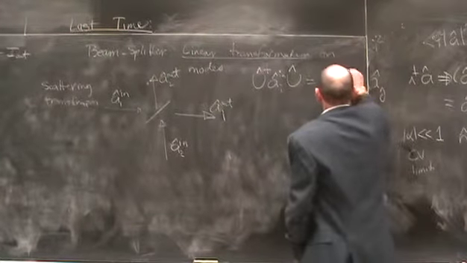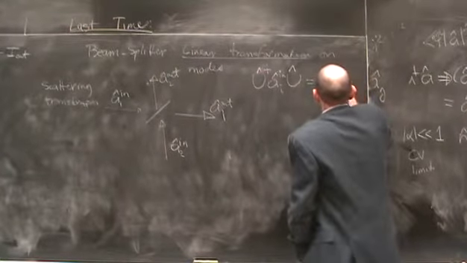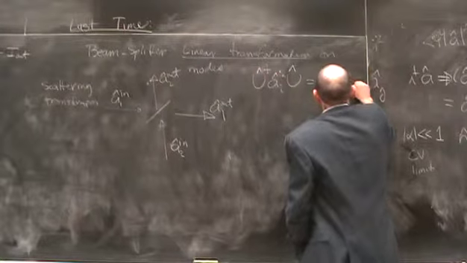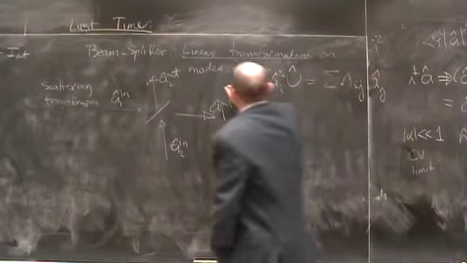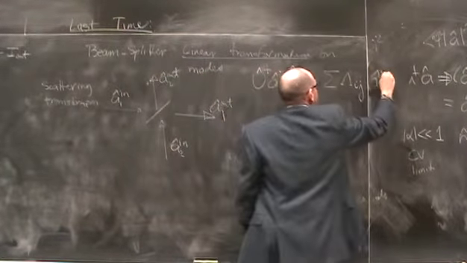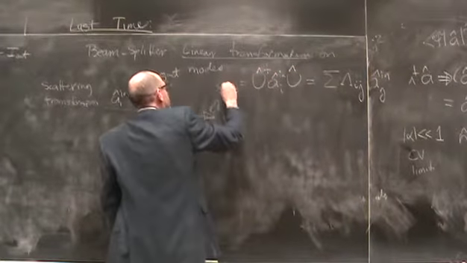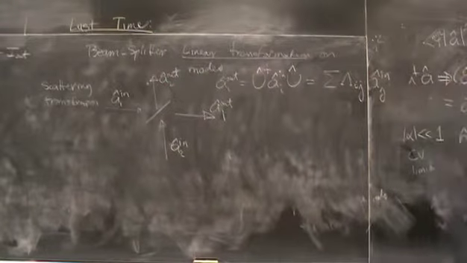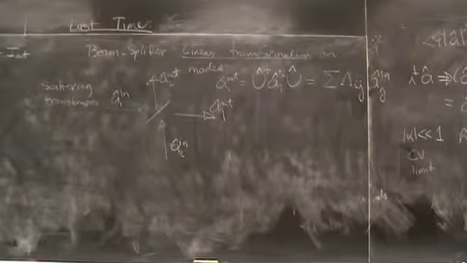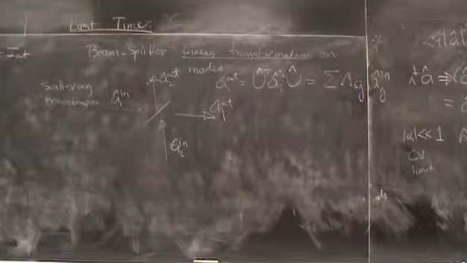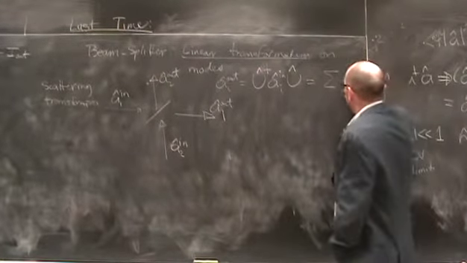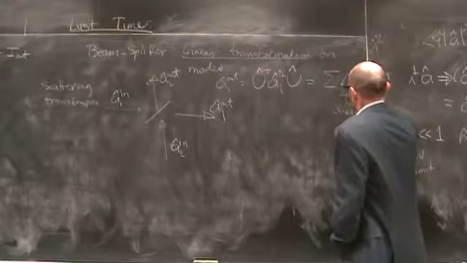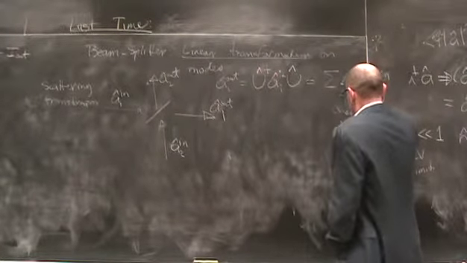So there's a matrix, which we'll call lambda. The output mode is a linear combination of the input modes. And this matrix, lambda, is just the classical scattering matrix.